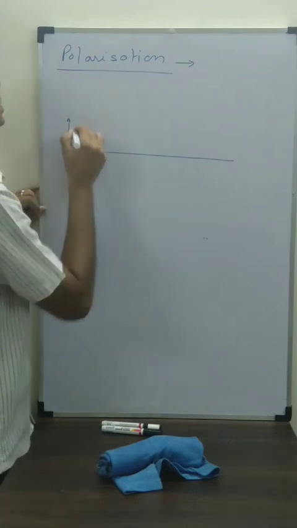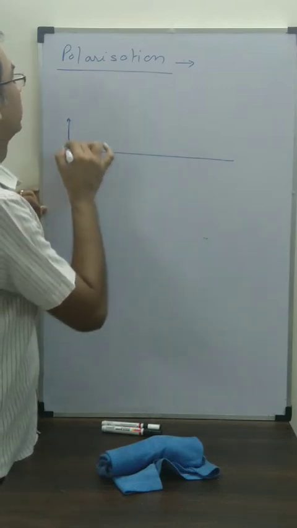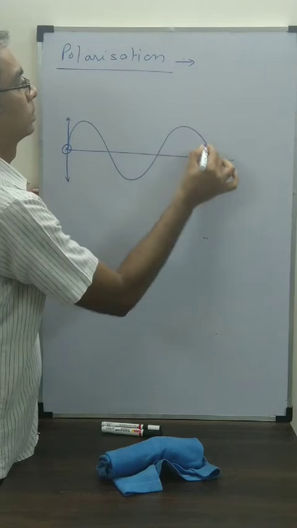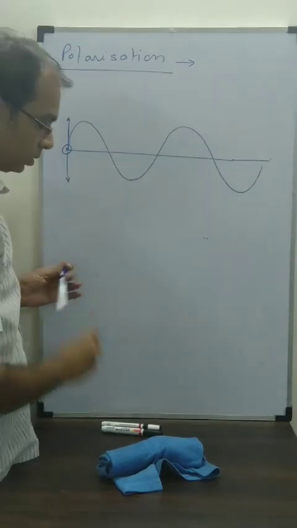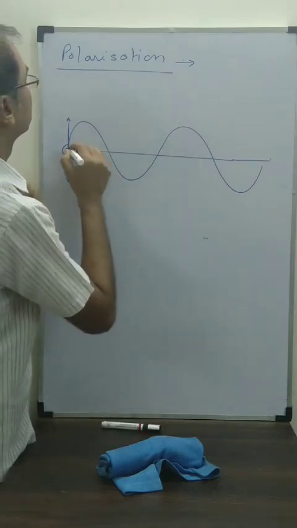So how will the wave propagate? Along the y-axis it will go like this, and along z we can make something like this.